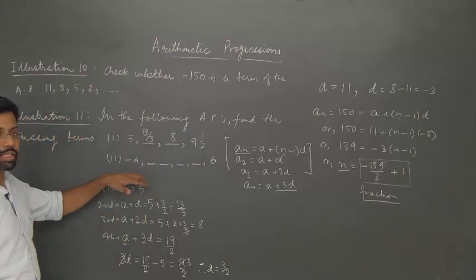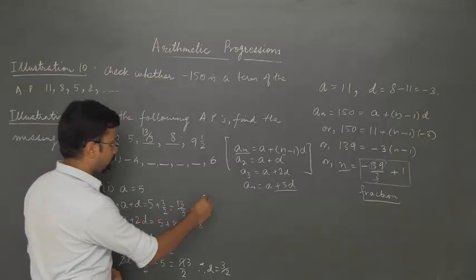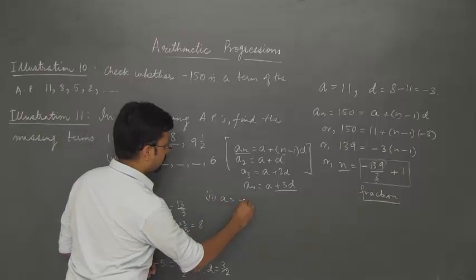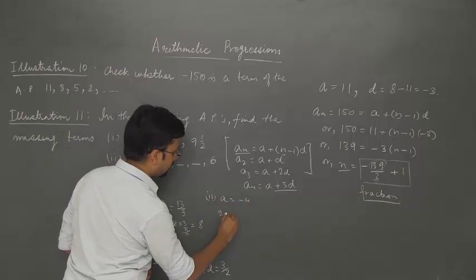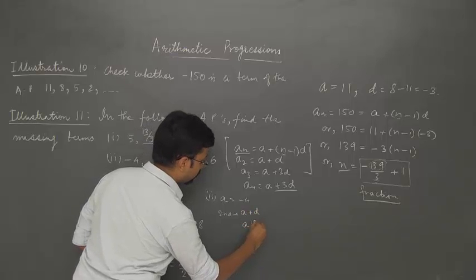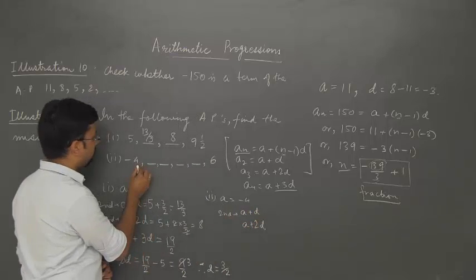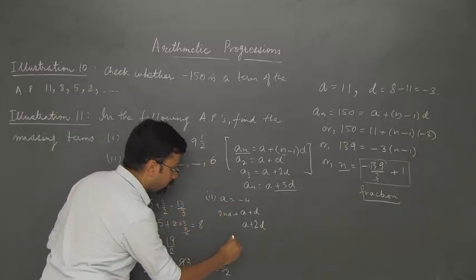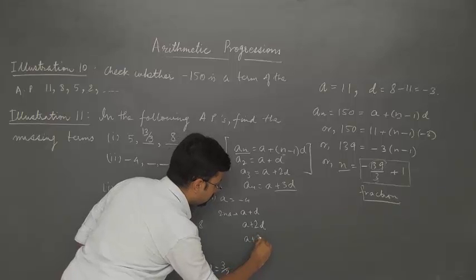Let's see it through the second question, you'll be getting more clarity. The first term, a is minus 4. What will be the second term? a plus d. The third term would be a plus 2d. How many terms do we have? 1, 2, 3, 4, 5, 6. So we write it up to the sixth term.